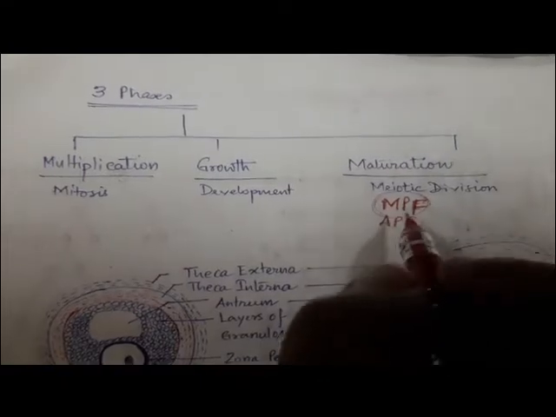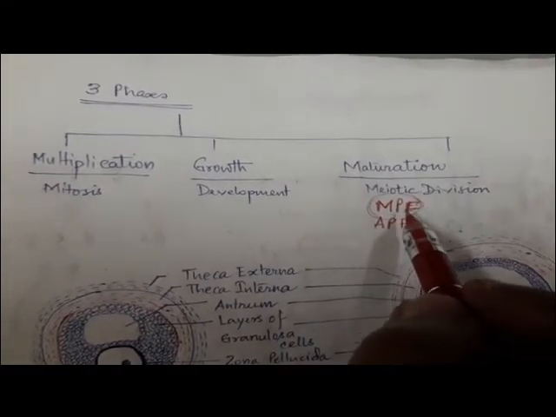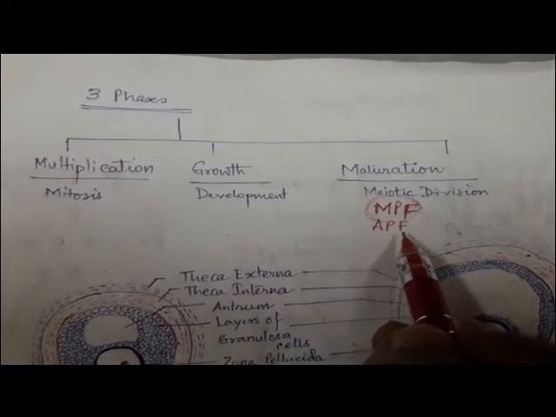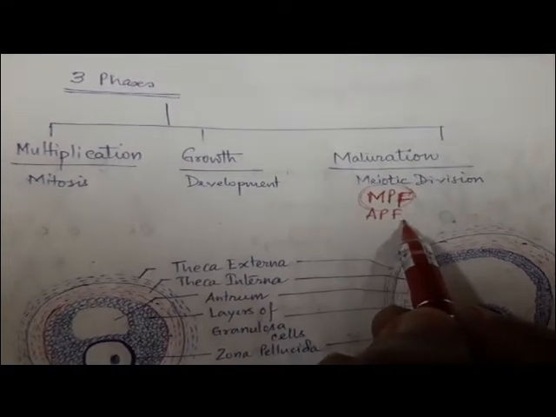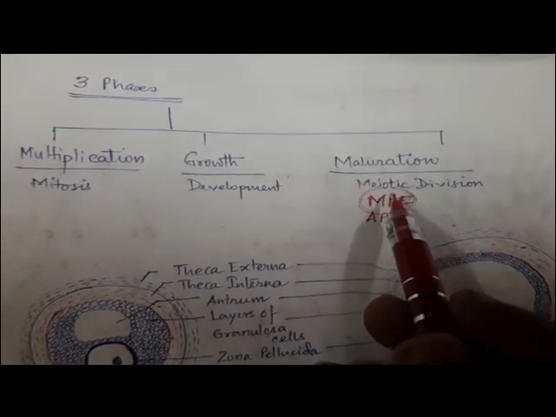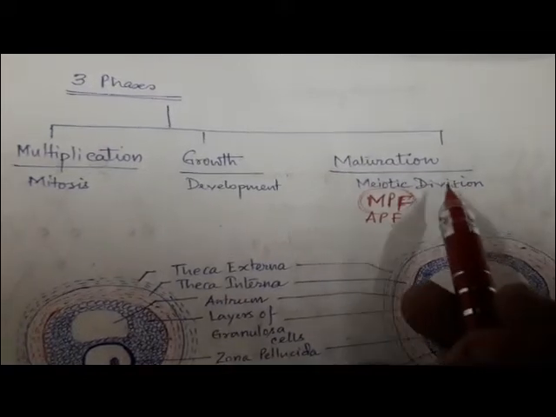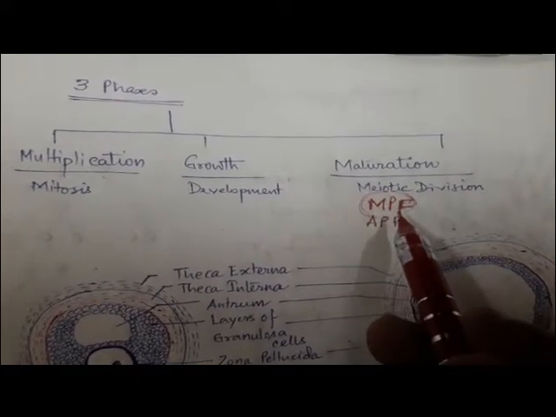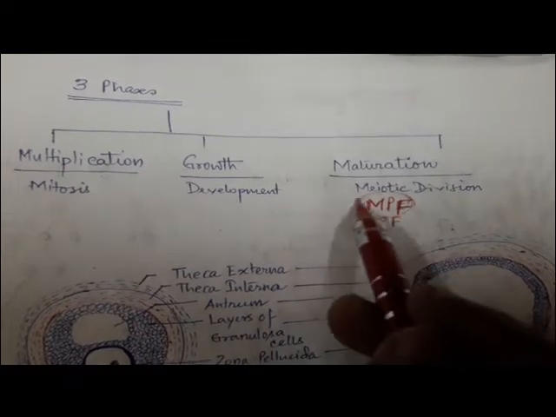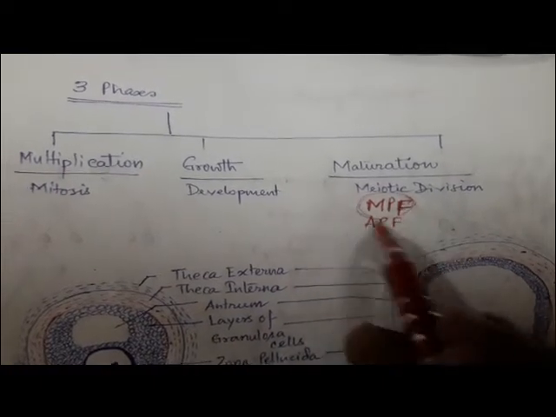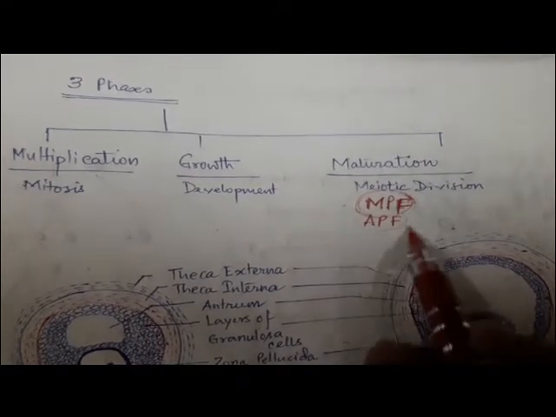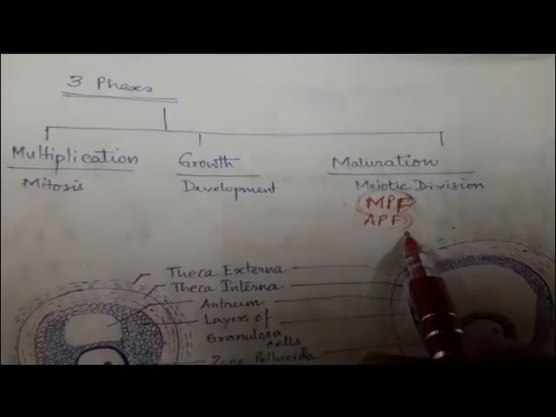MPF is metaphase promoting factor, and APF is anaphase promoting factor. So as the secondary oocyte stage is released, two factors are required. That is metaphase promoting factor, which gets degenerated and leads to activation of anaphase promoting factor.